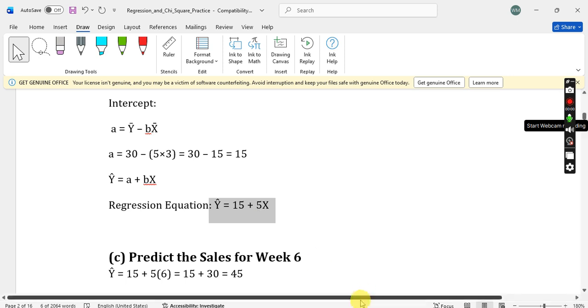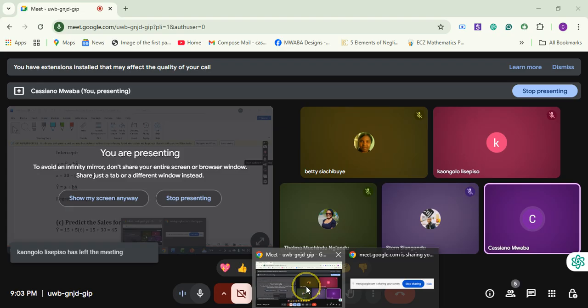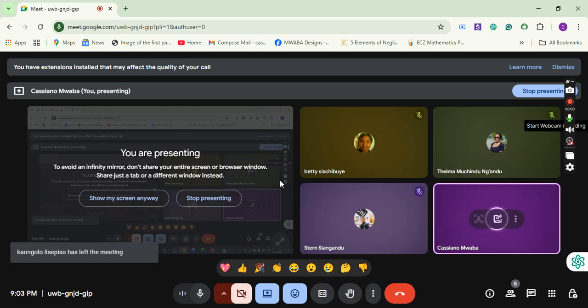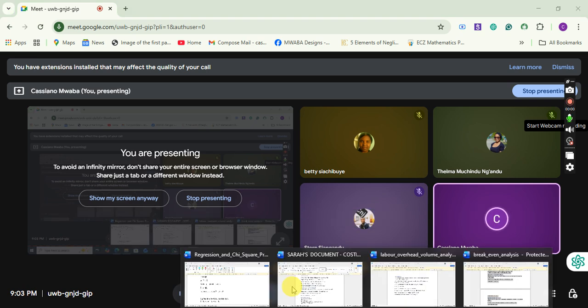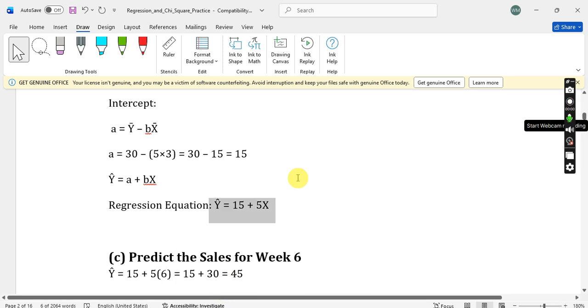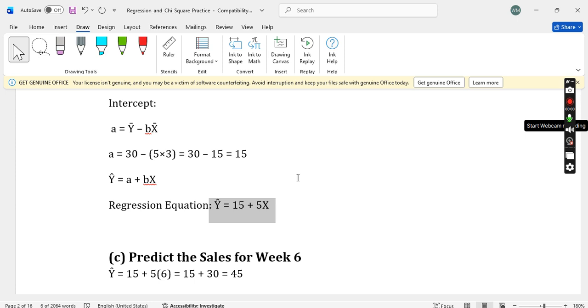Now, colleagues, you've heard the phrase that correlation doesn't imply causation. You've heard that term before? What that means is, for example here, we can see that the cells and the weeks have a positive relationship. When the weeks increase, the cells also increase.